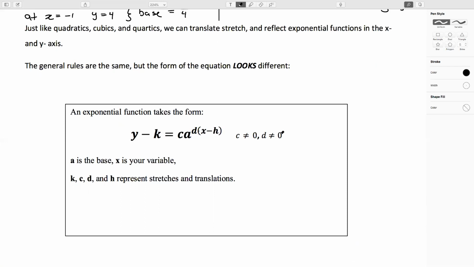As far as these go, K and C affect Y, while D and H affect X.